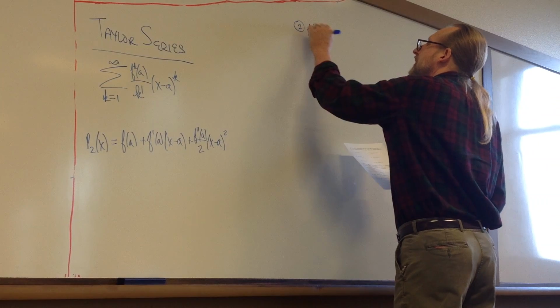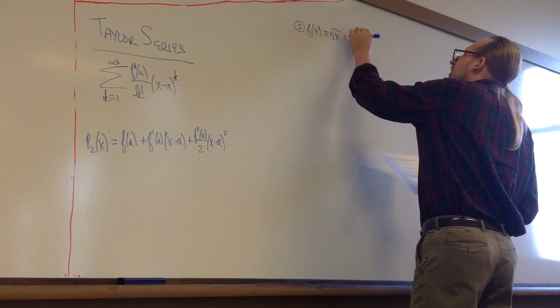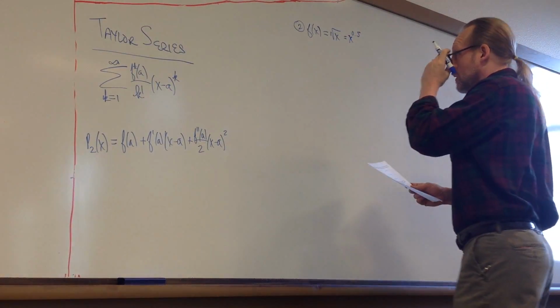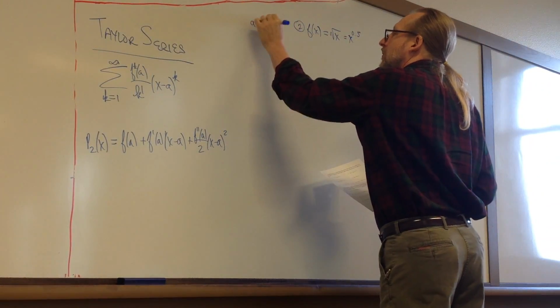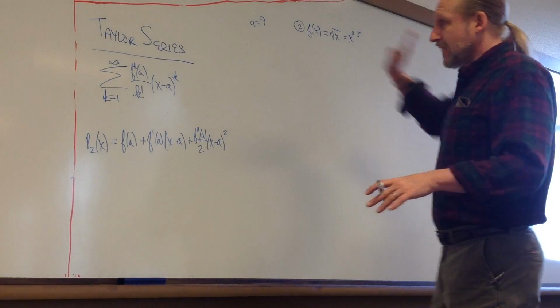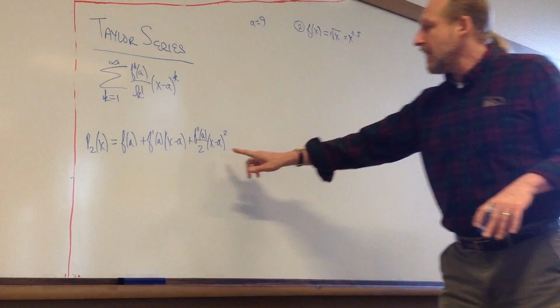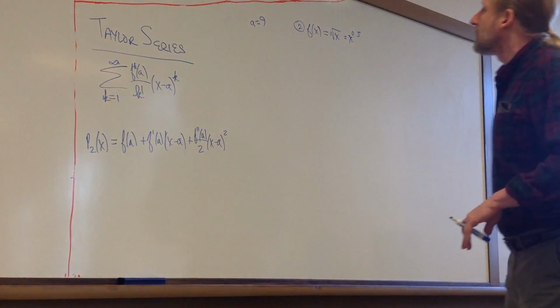So our function f of x is square root x, and our a value is equal to 9. In a lot of the problems that we looked at in the previous video, we were working with a equal to 0. So in these, we'll have a not equal to 0.